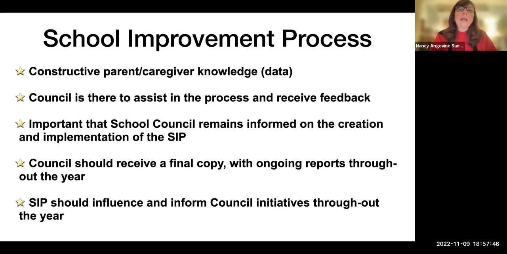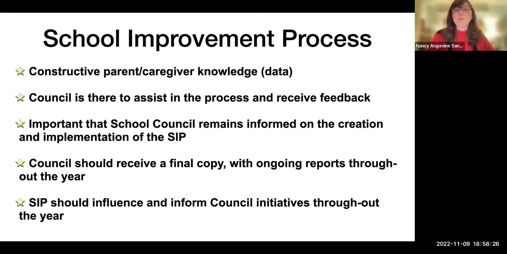It's that we acknowledge and value the constructive parent caregiver knowledge that is available in our communities, that we see the knowledge and ideas and information as valuable data in the construction of the SIP, that the council is there to assist in the process where needed and to receive and share feedback. It's important that the school council remains informed on the creation and the implementation of the SIP.